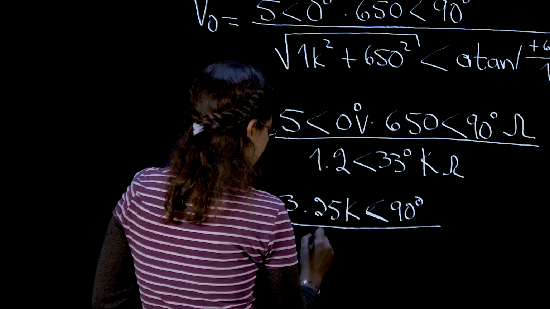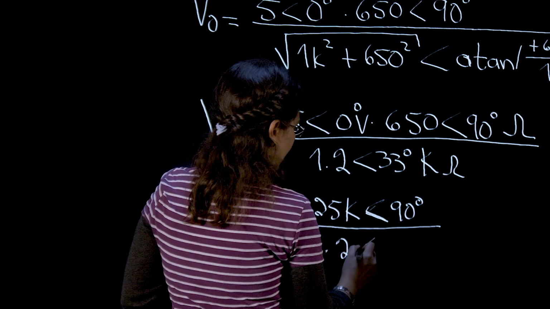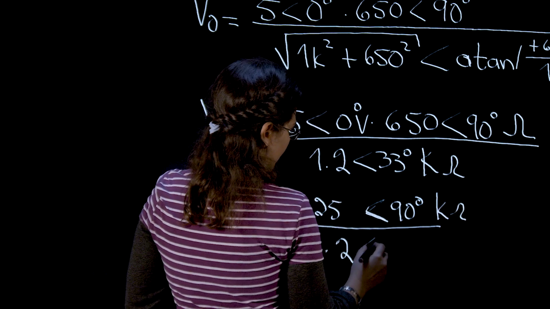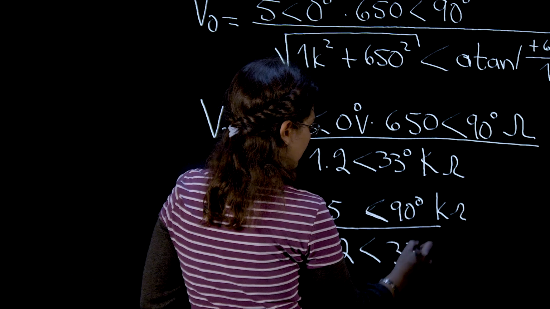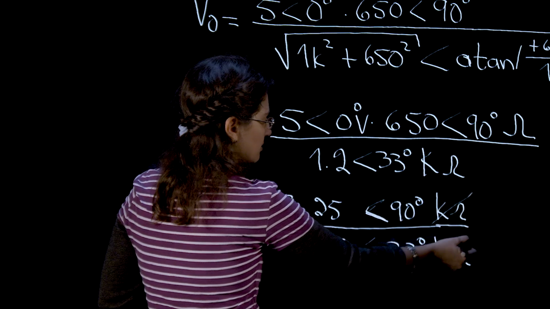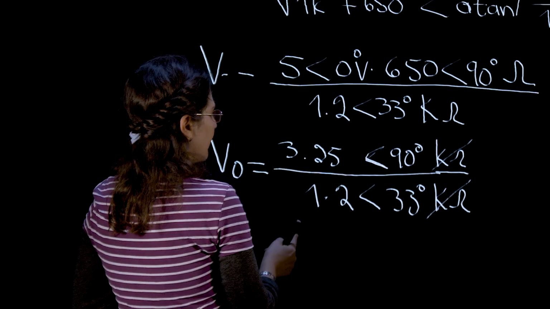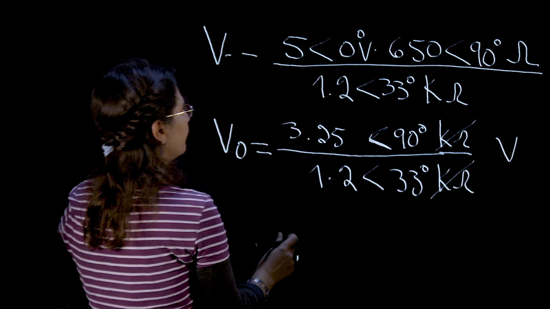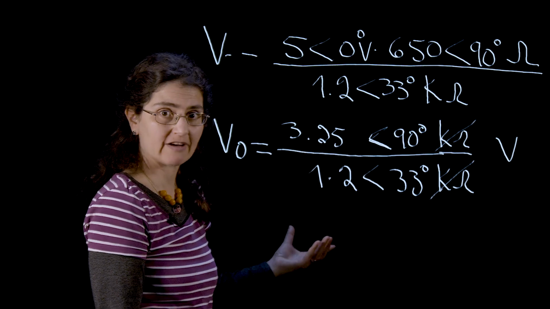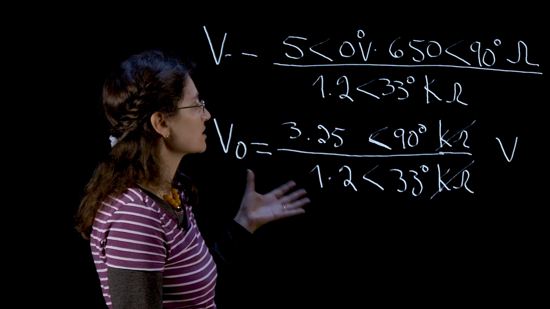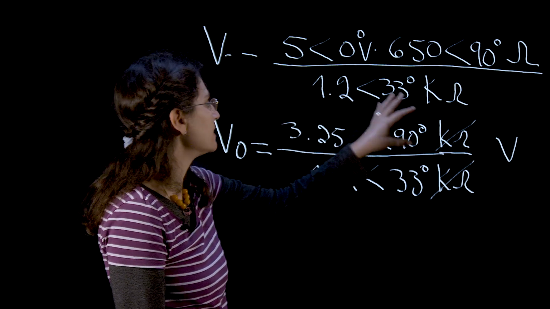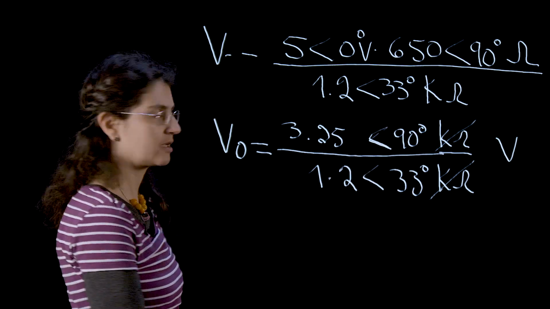And then over this, I'm going to put here 1.2 at 33 degrees, also kilo ohms. So this kilo ohm cancels out with this kilo ohm here, and the volts here. And now we have two complex numbers and we need to divide them. So the division of complex numbers, the magnitude will be the division of the two magnitudes, and the phase is the difference of the two phases here.